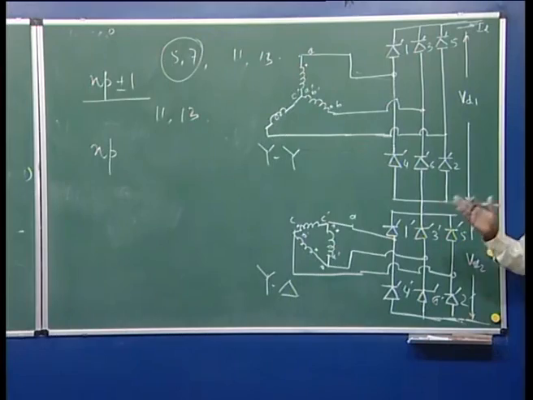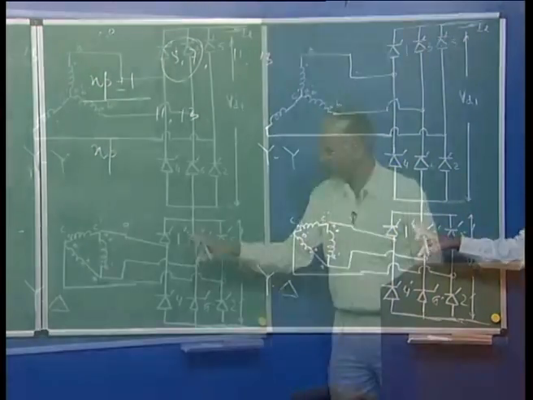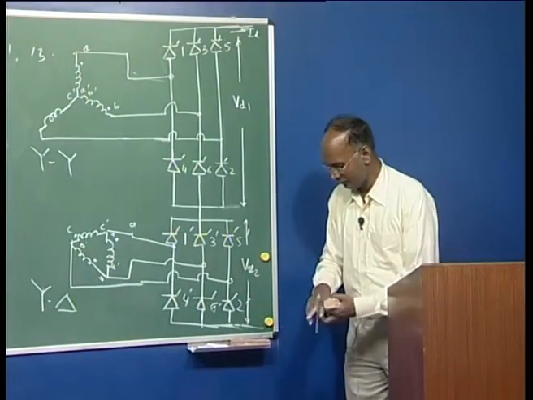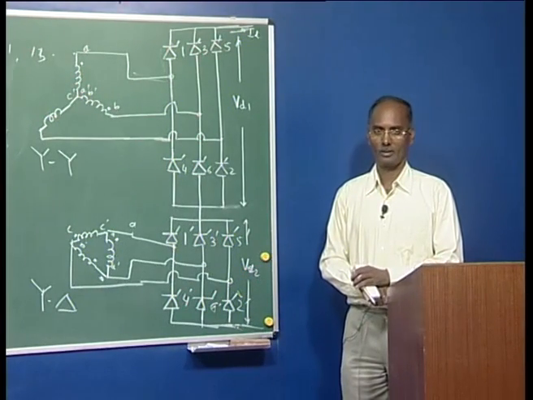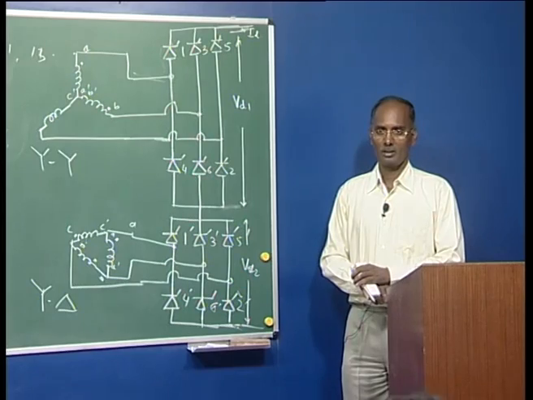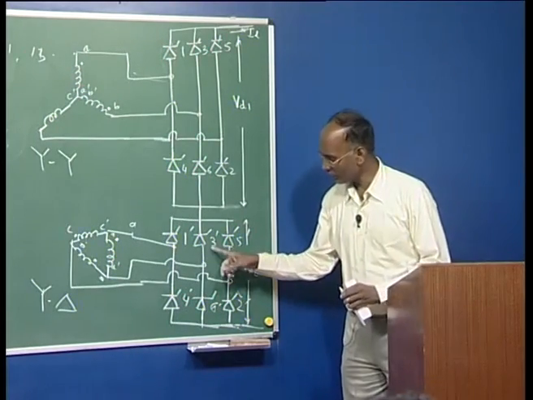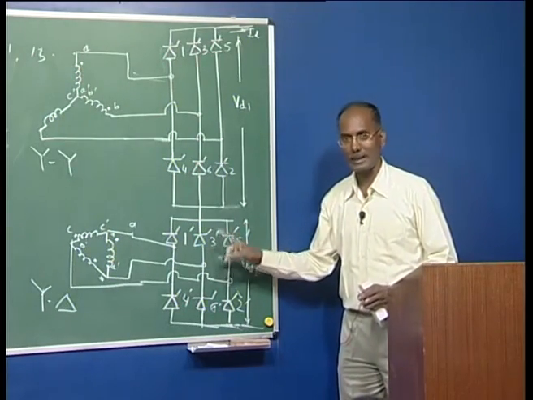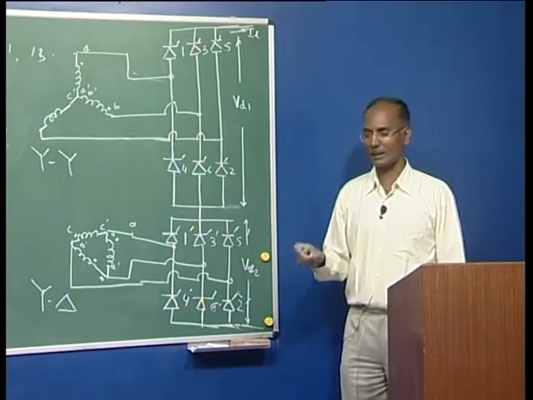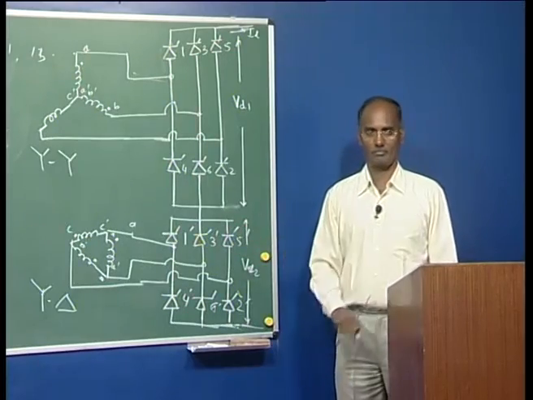Now again we are taking that valves 1 prime and 2 prime are conducting. Now valve 3 is going to be fired. What will be the voltage across it at that time? It will conduct only when the voltage across it is positive.